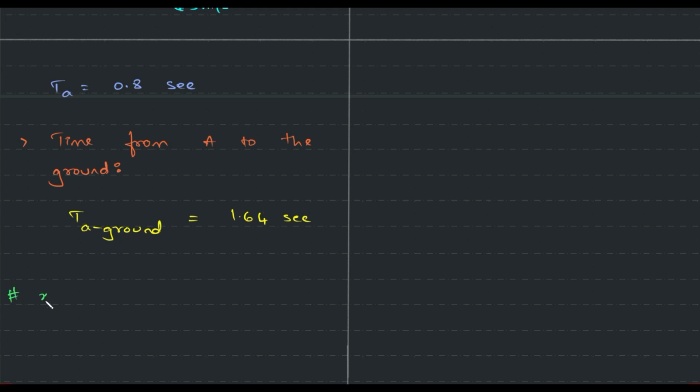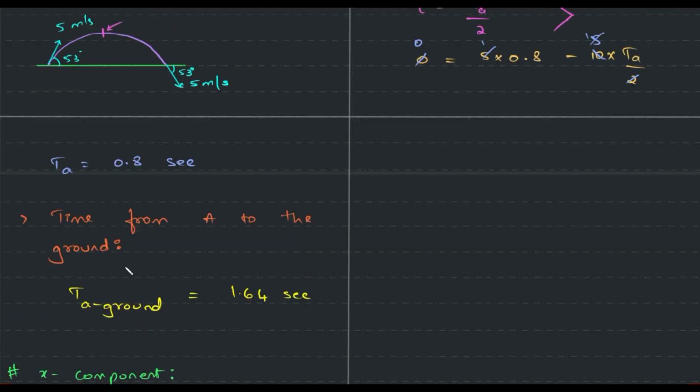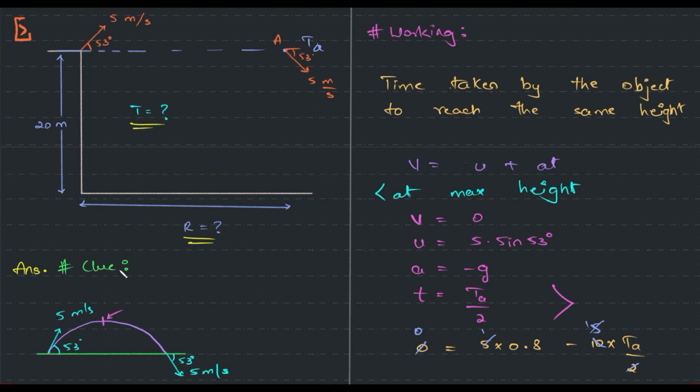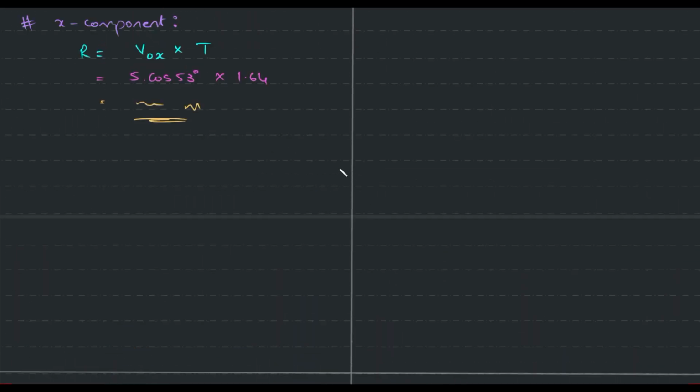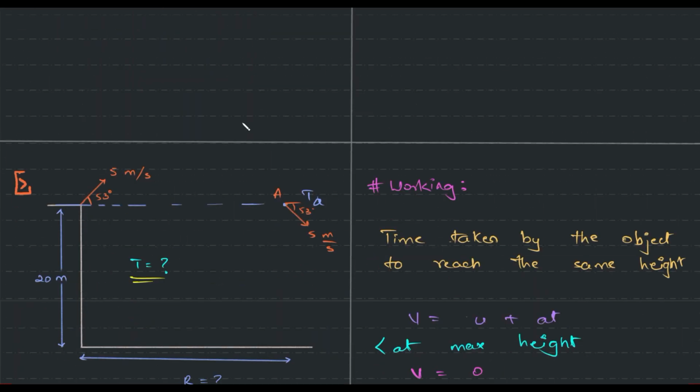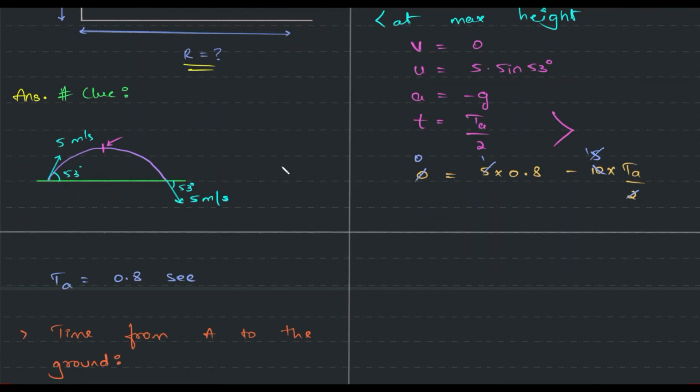Next, the X component. So this was your Y component. This is because of the Y component that is actually. And now we're looking at the X component. So we know the journey from here till here. We already calculated that over here. So whatever this value is. Now we just have to figure out this. How do you do that? Same as before.